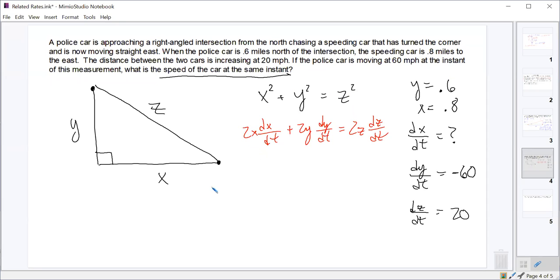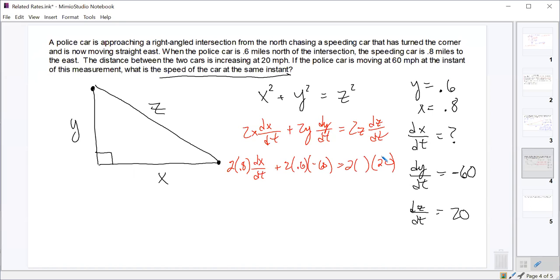So 2x dx/dt ought to be 2 times 0.8 times dx/dt, which is what we're looking for, plus 2y, so that'd be 2 times 0.6 times dy/dt, which is negative 60, equals 2 times z times dz/dt. Well, dz/dt is 20, but we don't actually have z, do we?